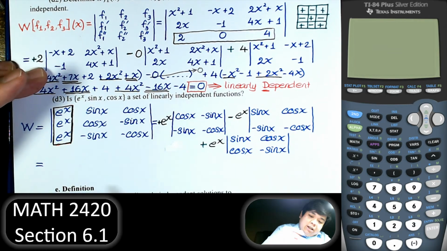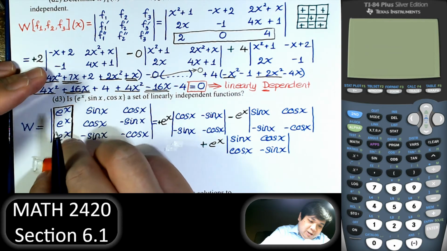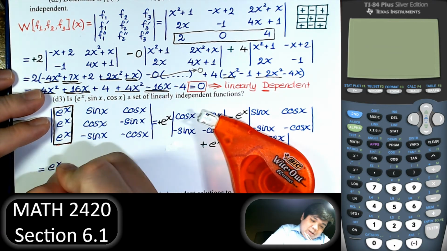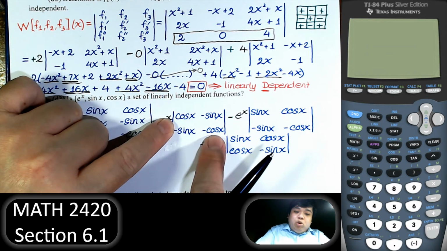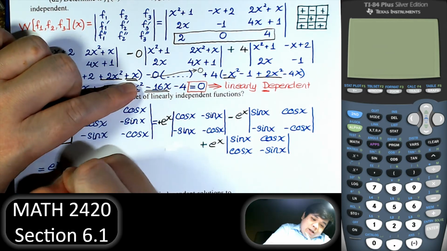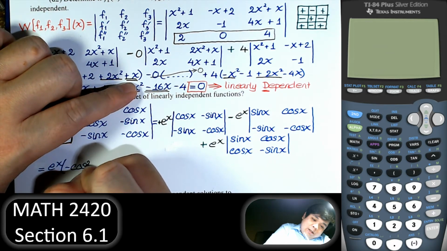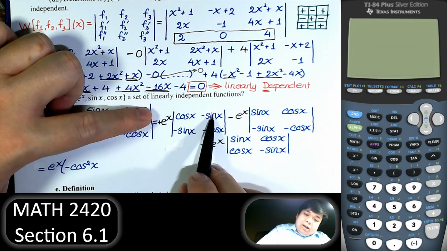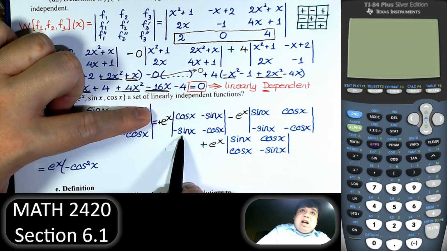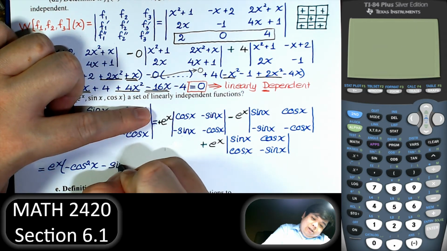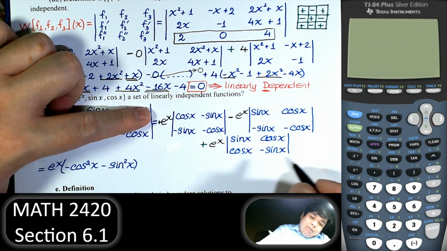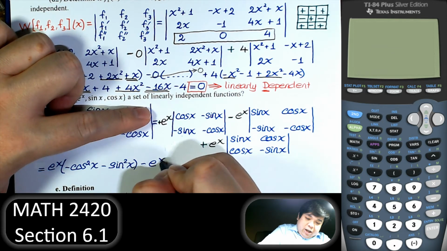First e to the x. For this 2 by 2, multiplying gives us negative cosine squared, and then sine squared, but this direction is negative. Next, e to the x.